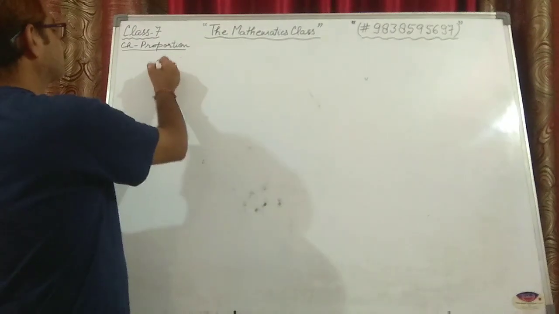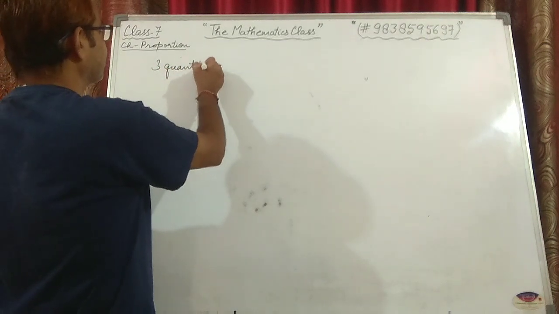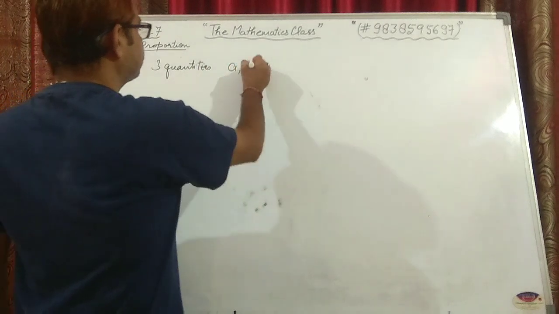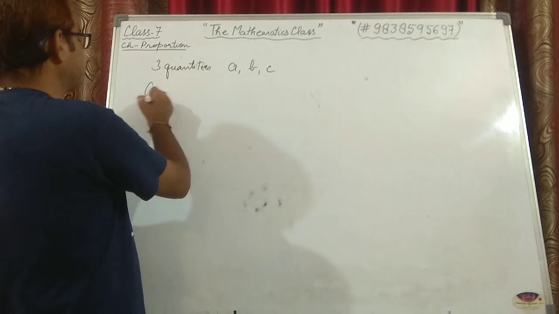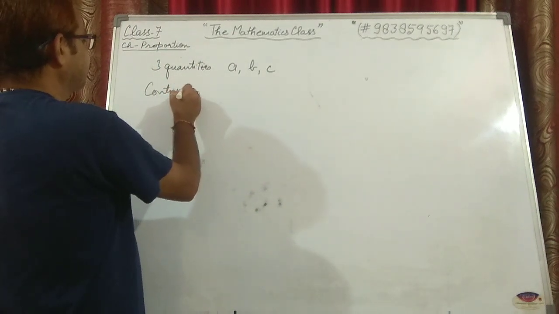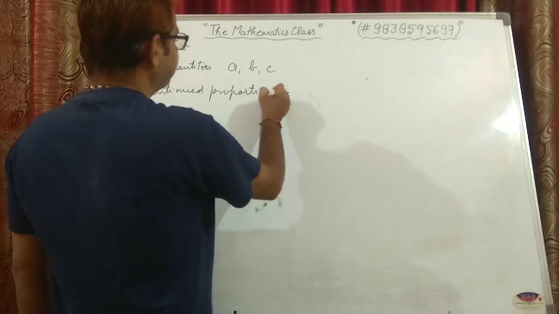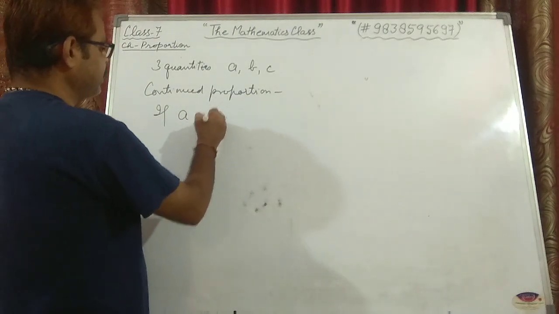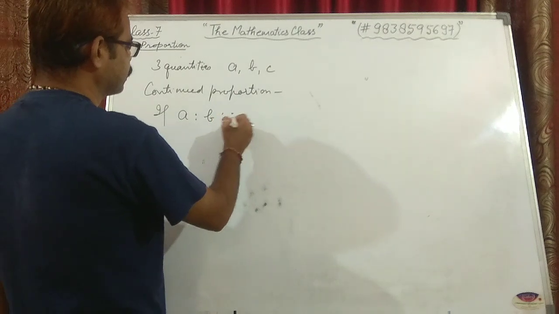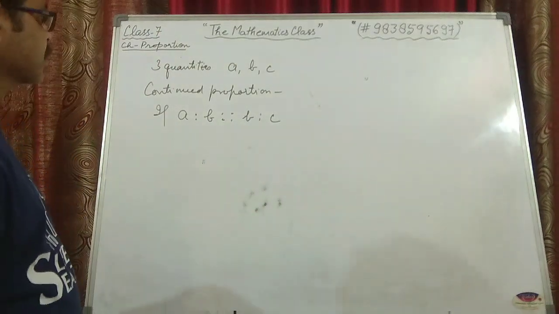If there are 3 quantities A, B and C, they are said to be in continued proportion if A is to B, proportion B is to C. This is continued proportion.